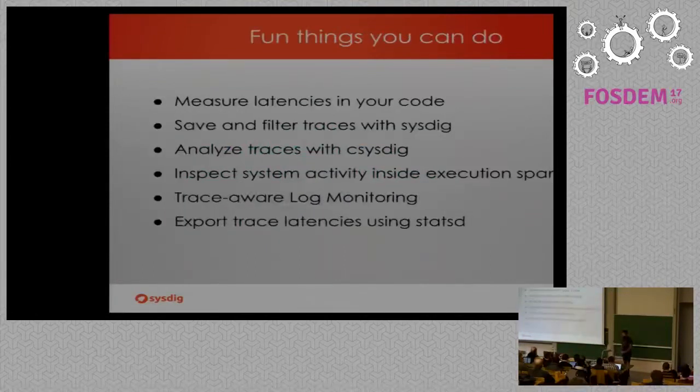What kind of things can we do? A few examples. Well, we can measure latencies. So in the example before, we can measure how long it takes to execute that command. We can save things to a file and analyze later on. We can open it with the ncurses app.